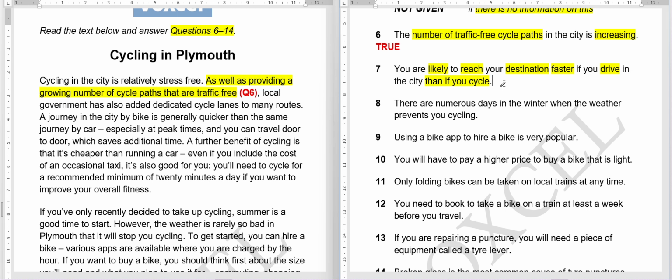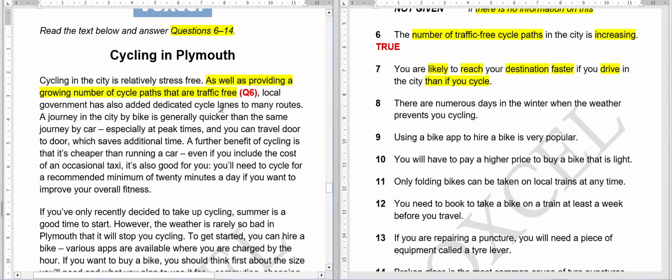So be very careful about these kinds of scenarios. And the answer will be not given when we don't know whether we will take more time or less time while driving or cycling. I hope it is clear. So let's read it.